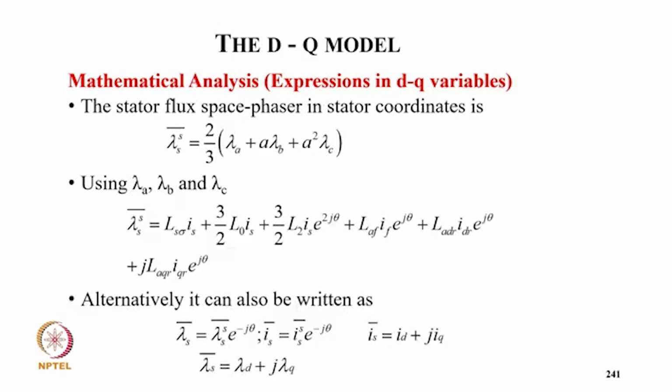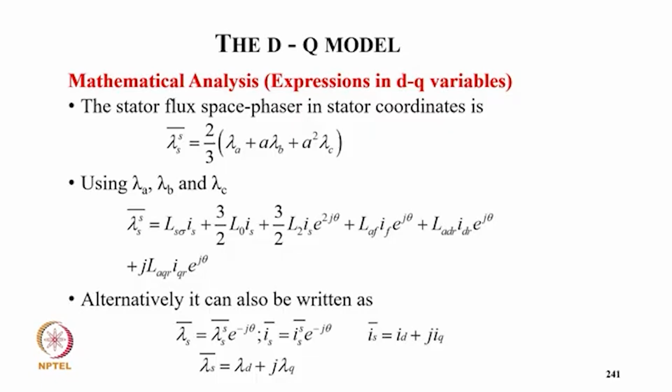And the stator flux vector in stationary frame goes the same: lambda S equal to 2 by 3 in bracket lambda A plus a lambda B plus a square lambda C. Using lambda A, lambda B, lambda C, lambda S equal to Lσ IS plus 3 by 2 L0 IS plus 3 by 2 L2 IS e to power 2jθ plus LF IF e to power jθ plus LAD IDR e to power jθ plus j LAD IQR e to power jθ.